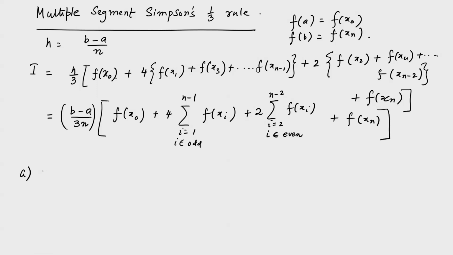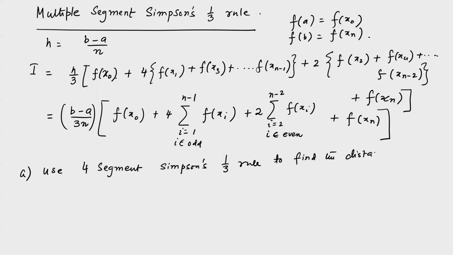The question is: use 4 segment Simpson's 1/3 rule to find the distance travelled by the rocket, and find of course the error that goes with it, and you will see that the error is negligibly small. Okay. So, let us try calculating all these things.